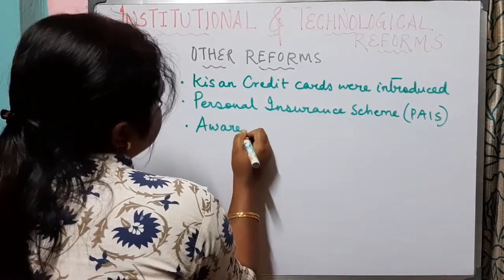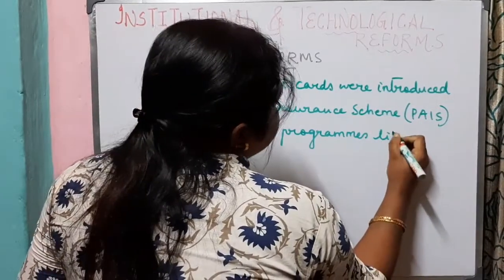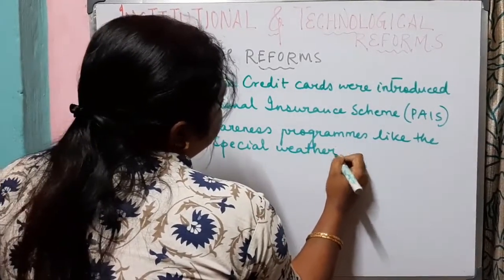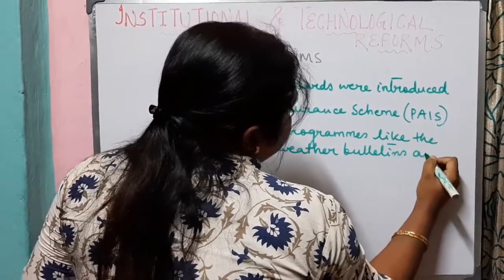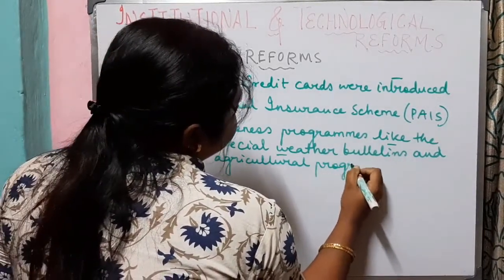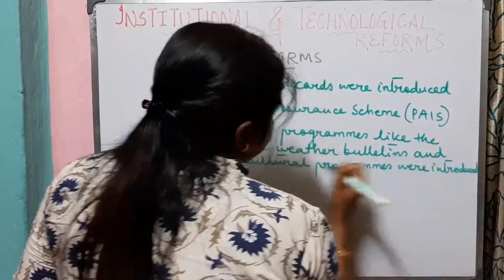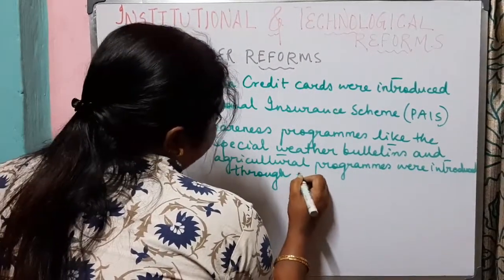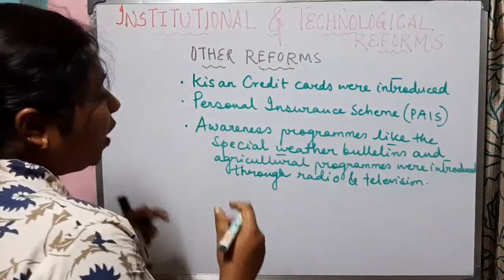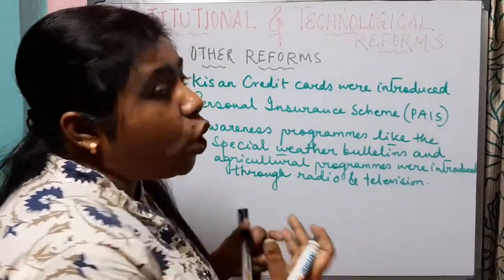There were different awareness programs which were introduced by the government, like the special weather bulletins and agricultural programs were introduced through radio and television, which would help the farmers to know about the weather conditions and also about different agricultural activities or agriculture related problems which were not solved before.